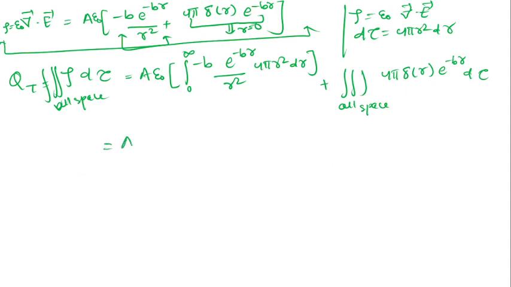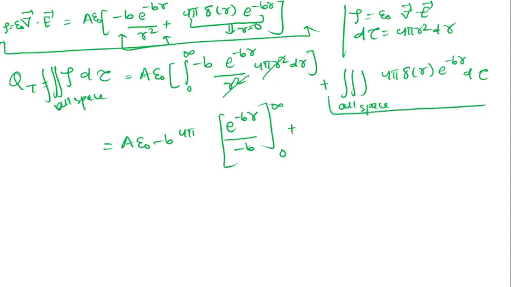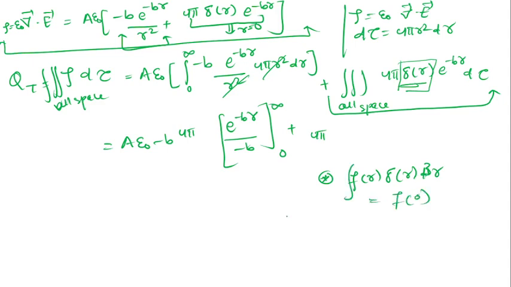From the first integration we are left with A into epsilon naught, and minus b will be outside the integration, and the r square cancels; 4 pi is outside the integration, and we get e to the minus br upon minus b, with limits from 0 to infinity. Plus, the integration of the delta part: we can use the property that the integral of f of r Dirac delta of r d3r results in f of 0.